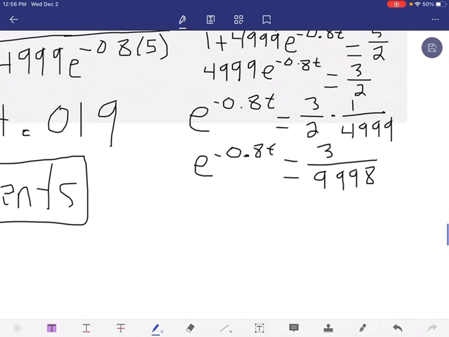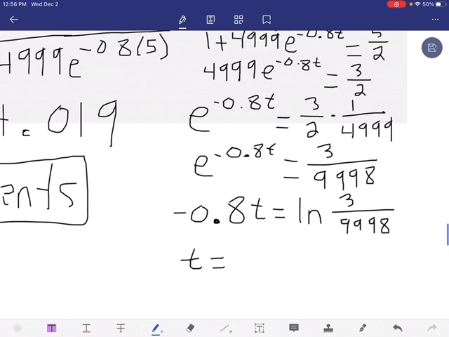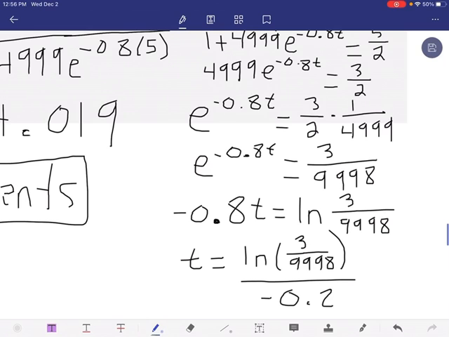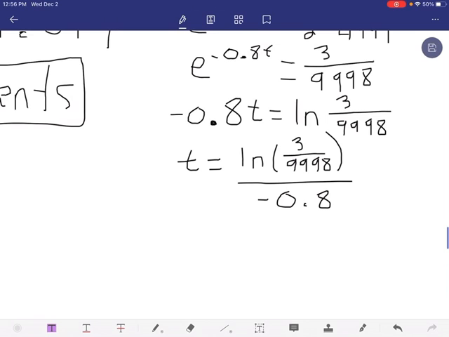When we take the natural log of both sides, remember that it's going to reduce with my e. So we're just going to be left with our exponent. And then we have the natural log of the right-hand side. Then our last step is going to be to divide by that negative 0.8. Again, remembering that the negative 0.8 is outside of my logarithm because I've already taken the natural log.